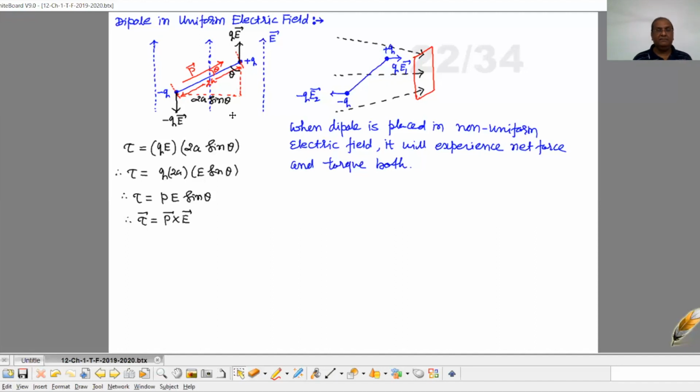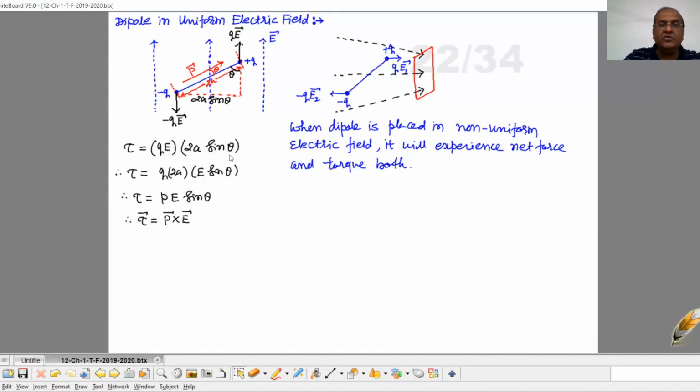As per the definition of the torque, the magnitude of any one force into the perpendicular distance between the two forces is the torque. So the magnitude of the force is QE, and the perpendicular distance between these two forces is 2a sine theta as shown in the figure.